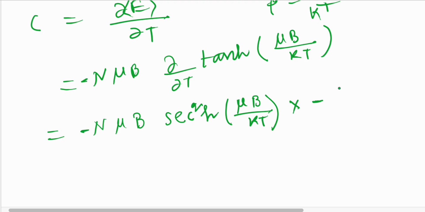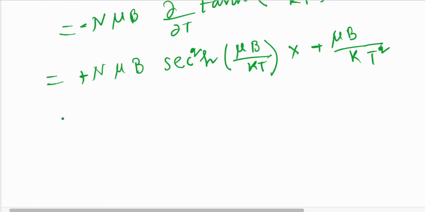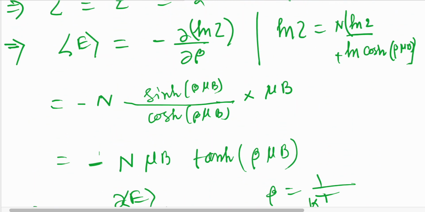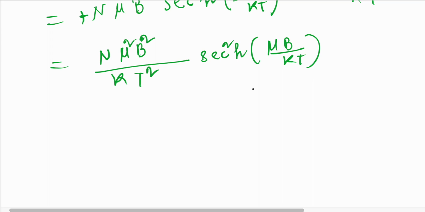So this will absorb here, so it looks like N mu squared B squared over k T squared times sech squared of mu B by kT. So this will be its specific heat.